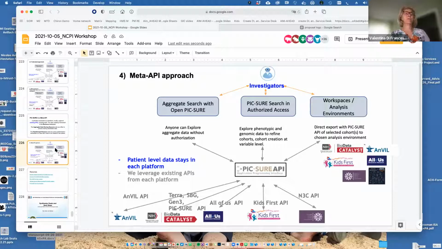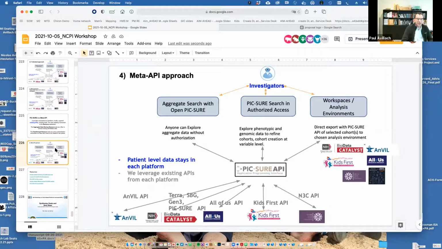What do you think would be the impediment to pursuing a more formal use case for that? It's really a matter of who does the work. For example, between PIC-SURE, BioData Catalyst and AnVIL, is it the AnVIL team that looks at how to integrate with the PIC-SURE API on their side? Or is it on the PIC-SURE team to receive the data and exploit it?